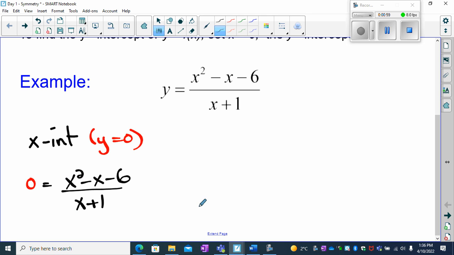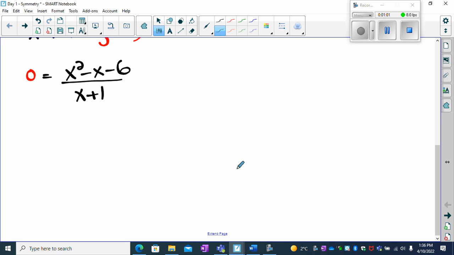Now the goal will be to solve for x. Okay? What I'm going to do first is multiply both sides by x plus 1. All right, that's going to leave 0 equal to x squared minus x minus 6.